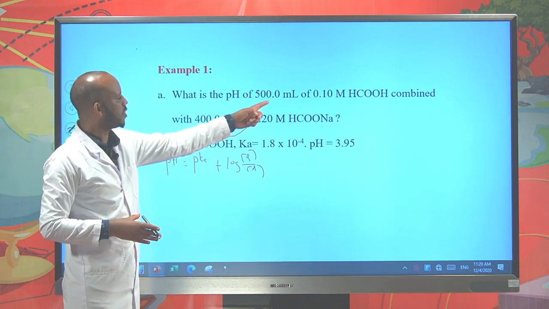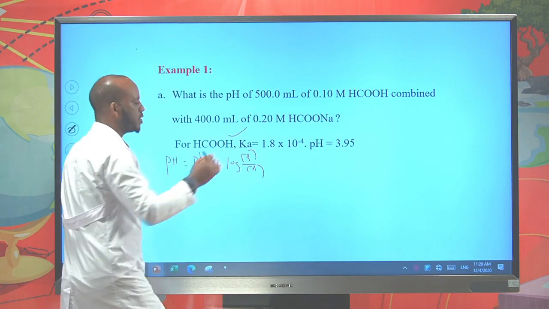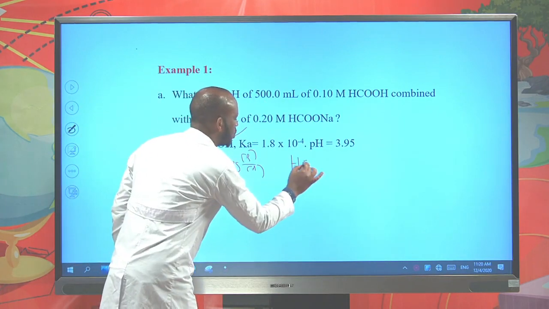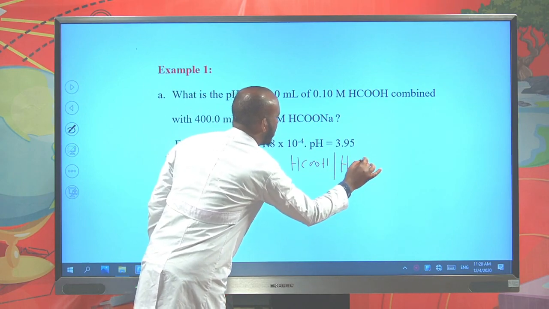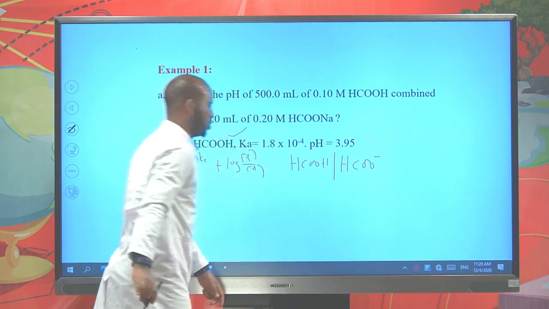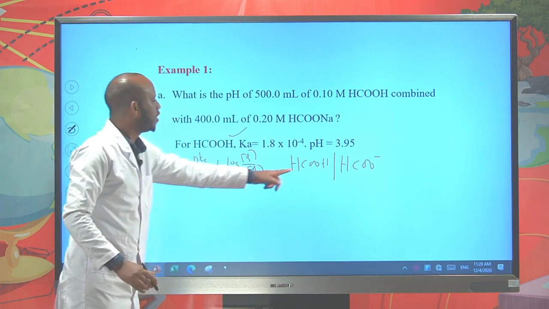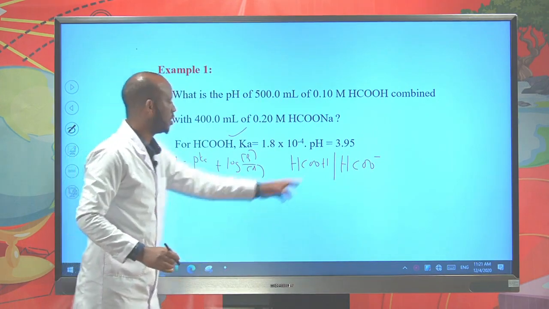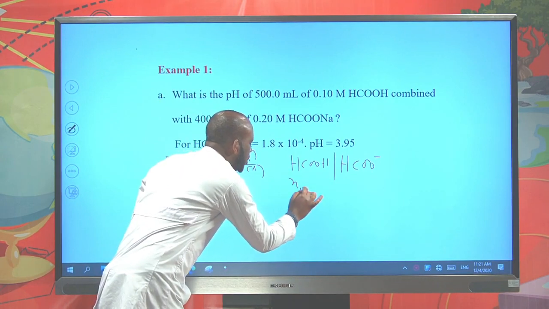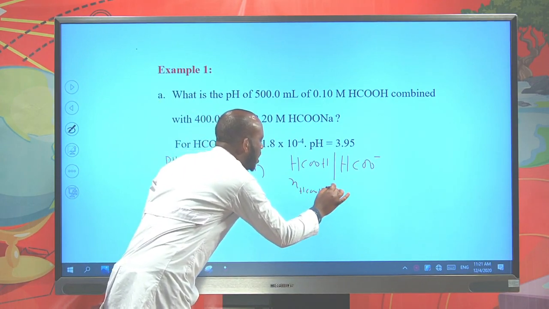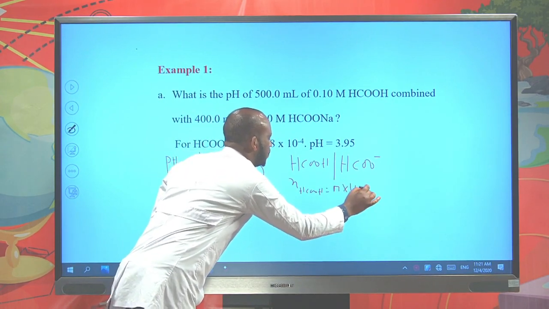Now, this buffer solution contains the weak acid, formic acid, HCOOH, and its conjugate base, formate ion, HCOO minus. The amount of formic acid is the number of moles of formic acid, HCOOH, equal to molarity times volume.